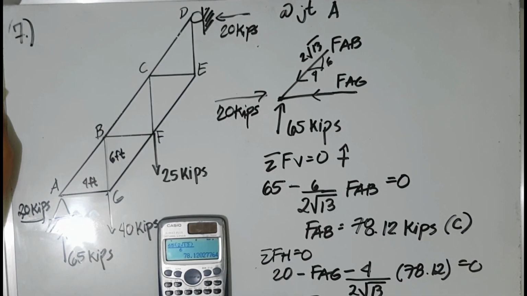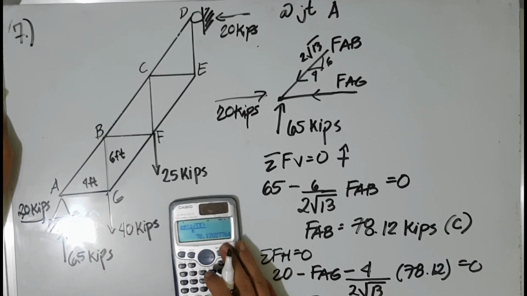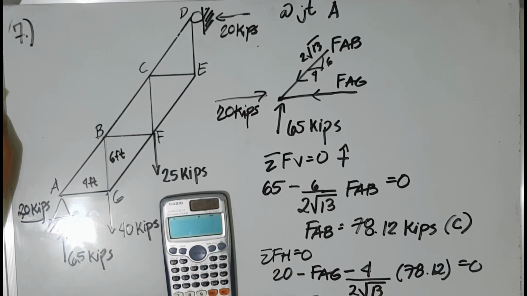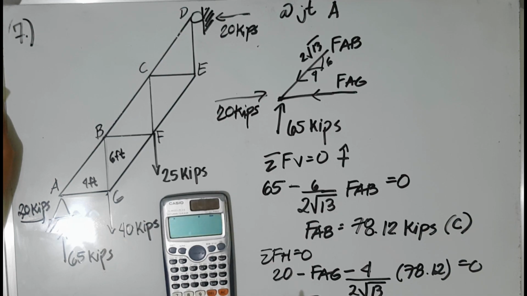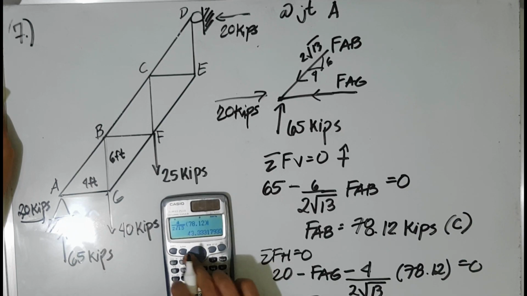Therefore, force AG is equal to 23.33 kilopounds.